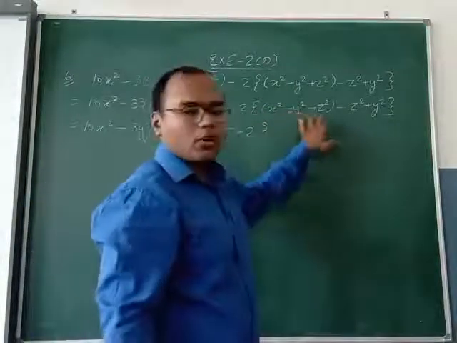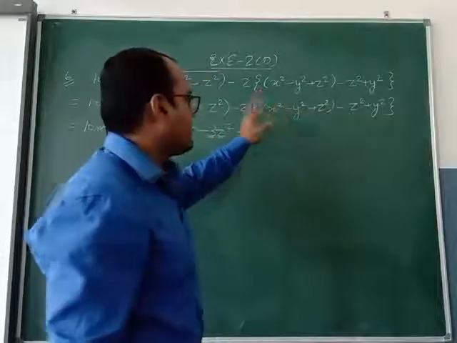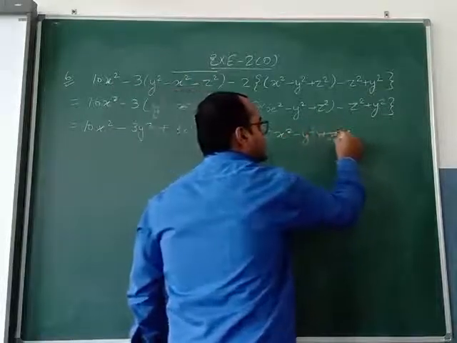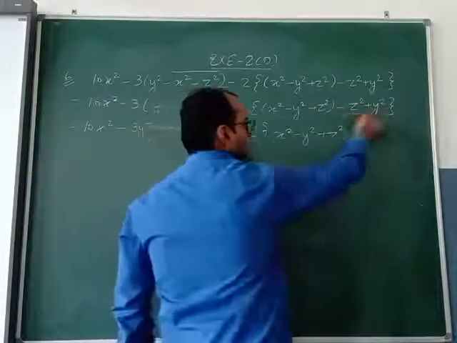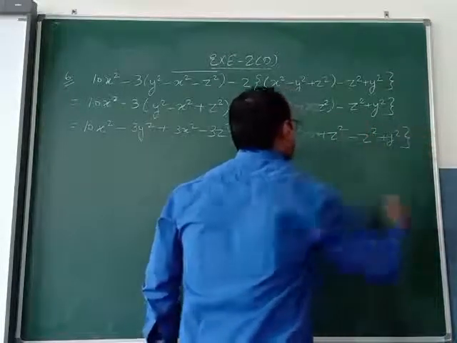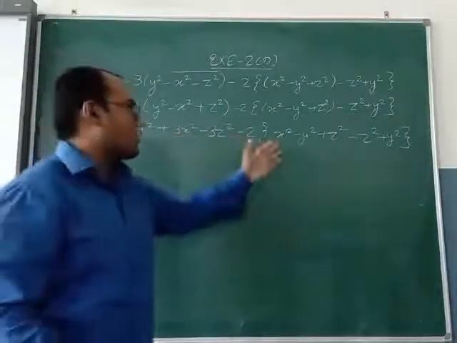Inside this small bracket, all three are unlike terms. So we will remove the bracket and we will write x square minus y square plus z square, and these terms we will write as it is, curly bracket close. Now small bracket is over. Now we have to solve the curly bracket.